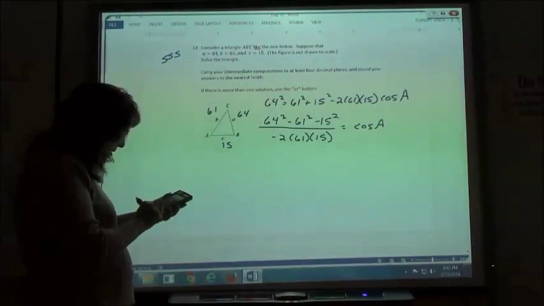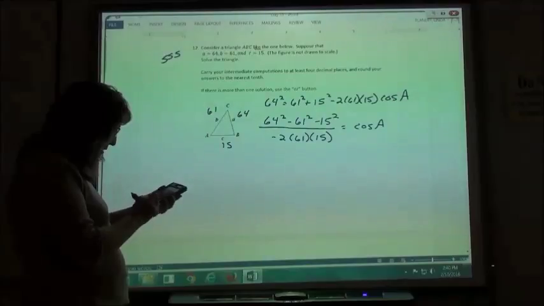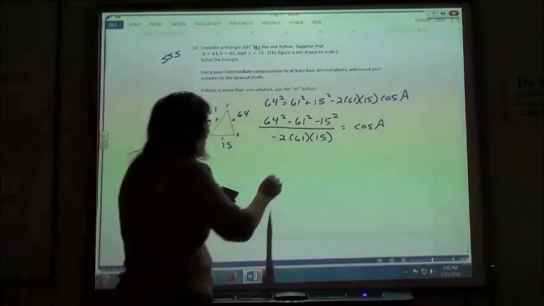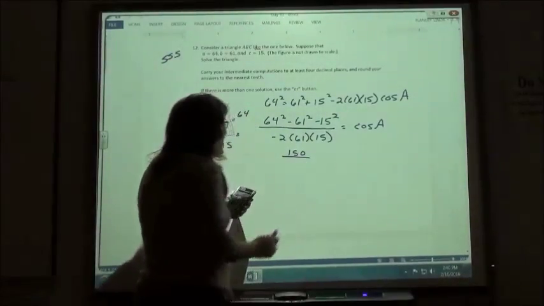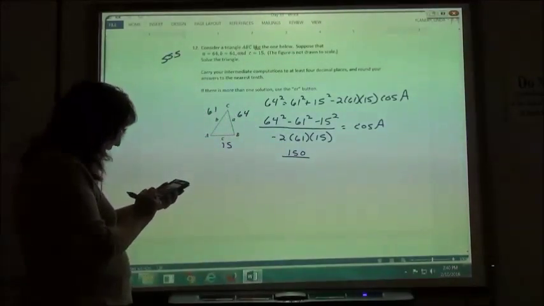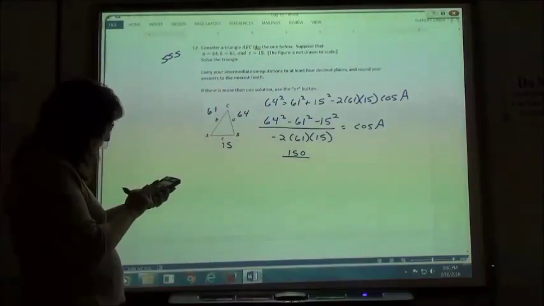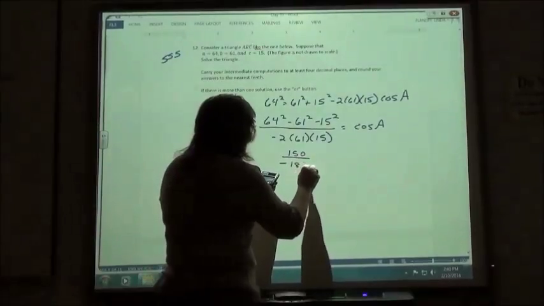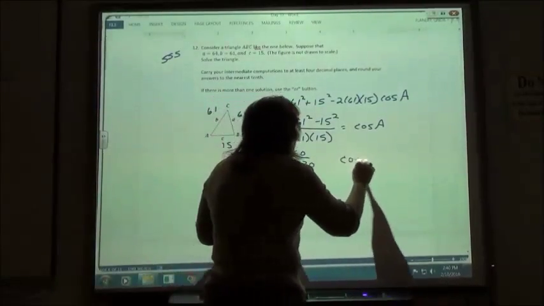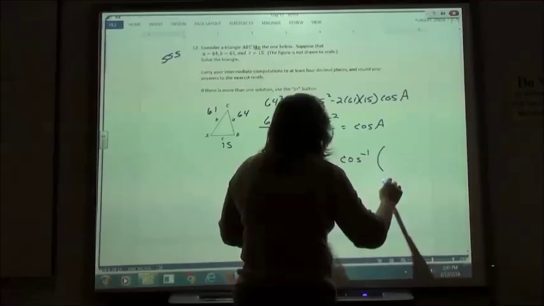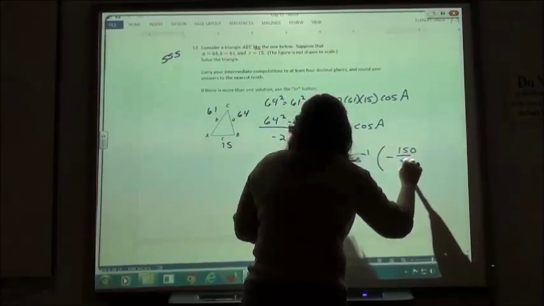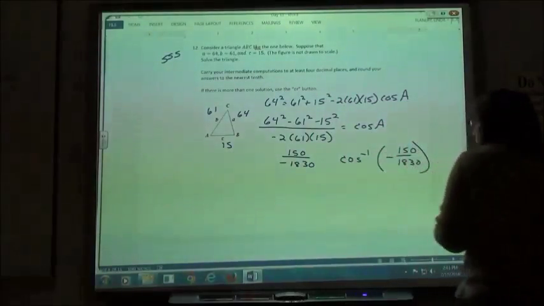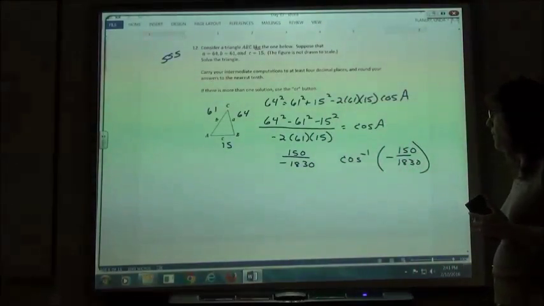Simplifying the top, 64 squared minus 61 squared minus 15 squared would give me 150. It was positive that time. And negative 2 times 61 times 15 gives me negative 1830. So the inverse cosine of negative 150 over 1830, since we had a positive over a negative.